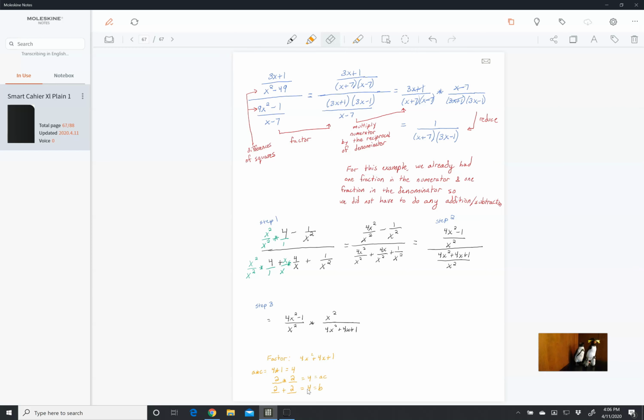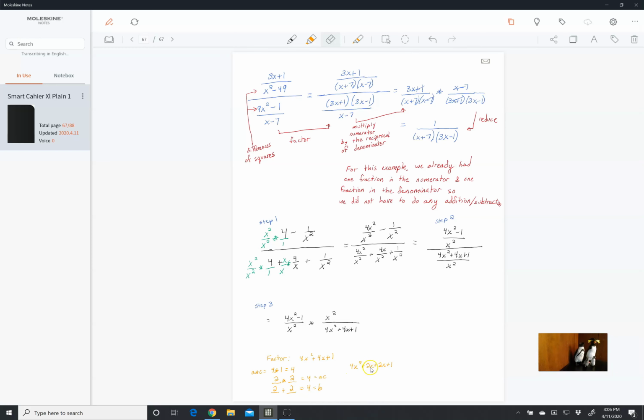Okay. Then if you remember, we rewrite our b term, our 4x, using this 2x and this 2x. So it becomes 4x squared plus 2x plus 2x plus 1. This is factoring by grouping.